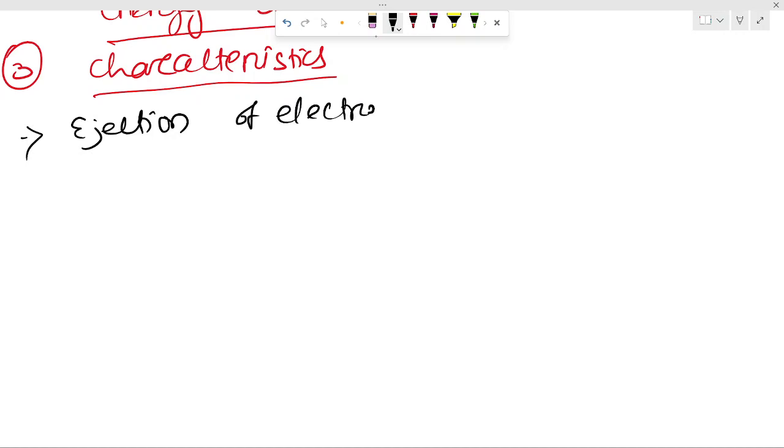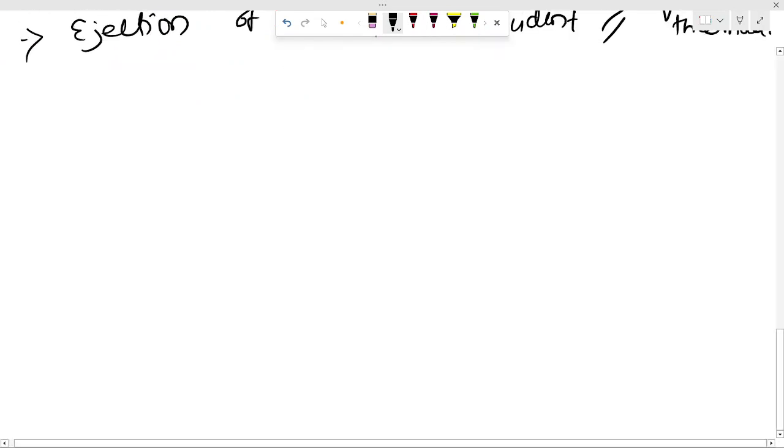Ejection of electrons takes place only when the frequency of incident light is greater than or equal to the threshold frequency. That is, nu incident will be greater than or equal to nu threshold; only then does photoelectric emission occur.